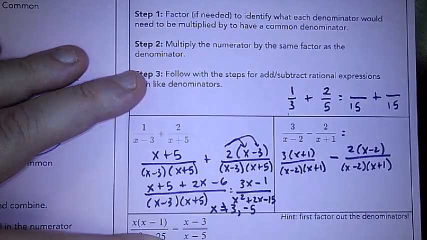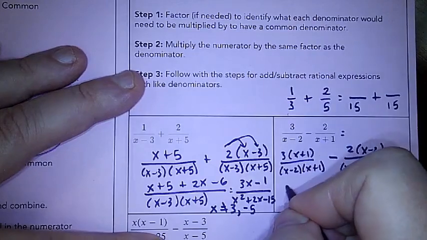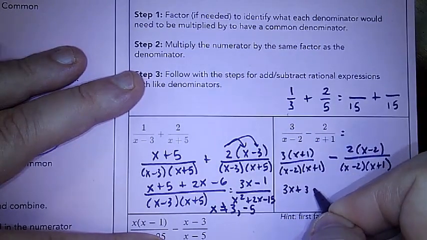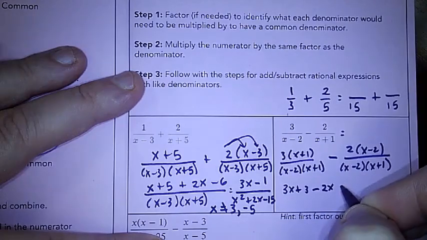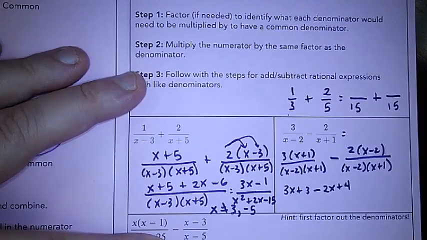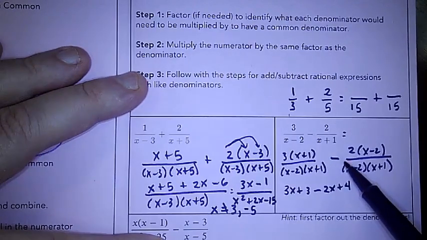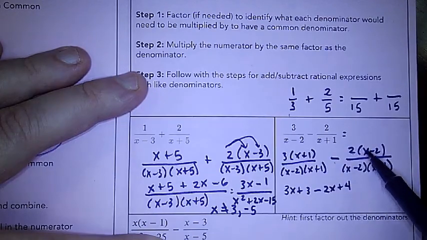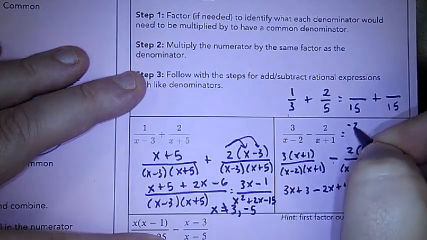I'm going to distribute and subtract: 3x plus 3 minus 2x plus 4. Understand, I'm distributing this 2, but I'm also distributing this minus sign. So you can almost think about it like multiplying negative 2 times x minus 2.